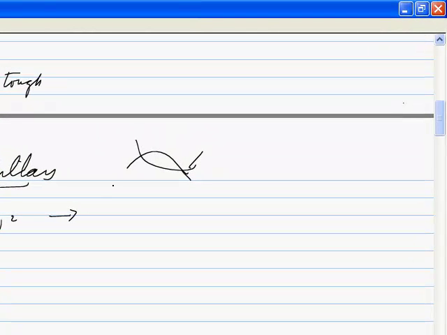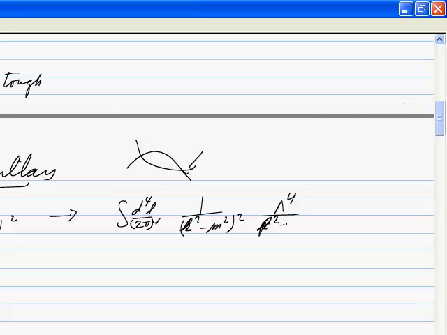And for Pauli-Villars, we'll take this to go into the integral. We stay in 4 dimensions, d4L over 2 pi to the 4th. And we then replace each propagator L squared minus m squared with L squared minus lambda squared, squared.